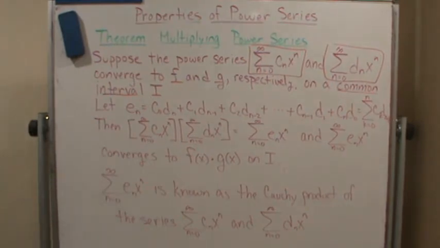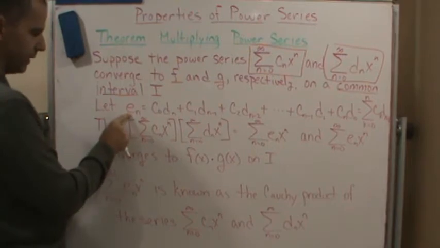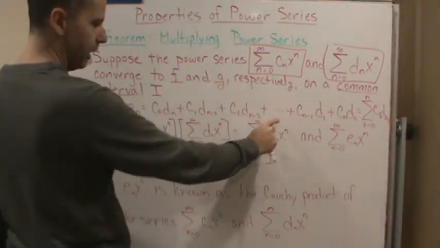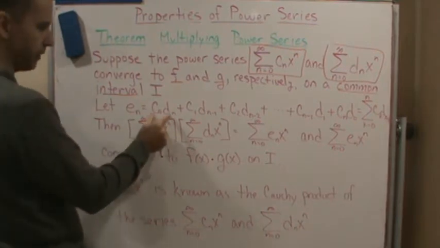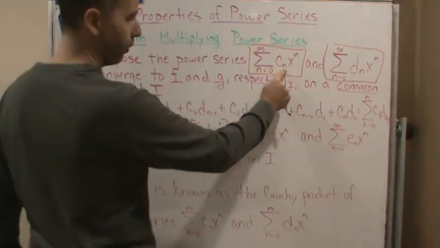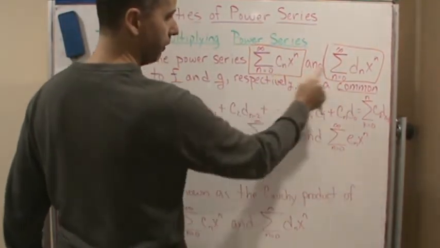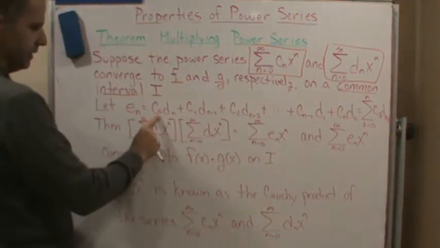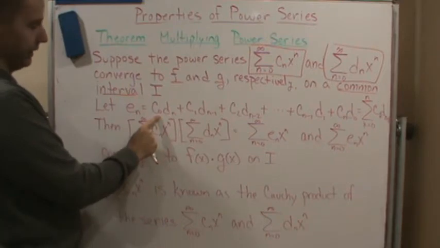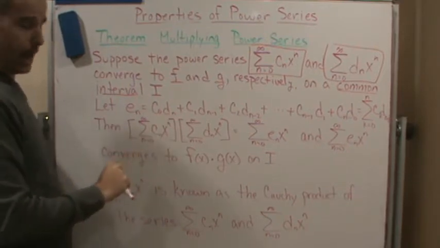Also, it says let us define e sub n. We're going to define e sub n as this partial sum. It's a sum of the products of the corresponding coefficients of these two series. But in this case, c is going up in n, d is going down in n.